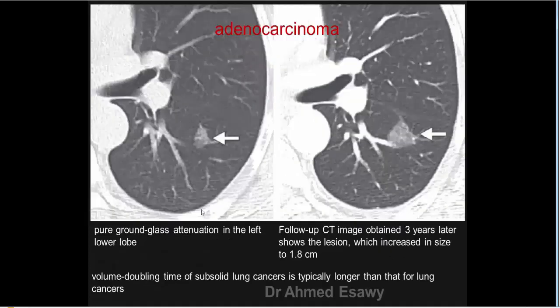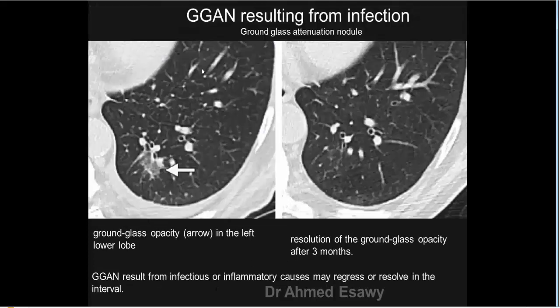This is adenocarcinoma presenting as pure ground glass attenuation in the left lower lobe, a subsolid solitary pulmonary nodule. Follow-up CT 3 years later shows increase in size and attenuation. Volume doubling time of subsolid lung cancer is typically longer than that for other lung cancer.